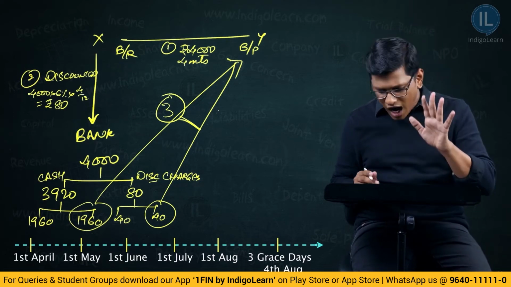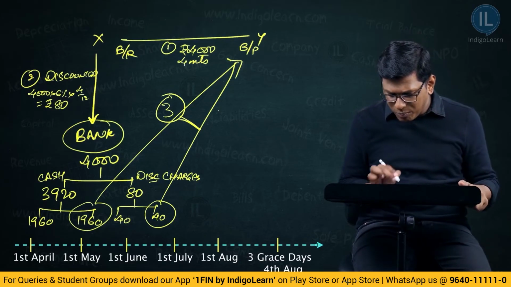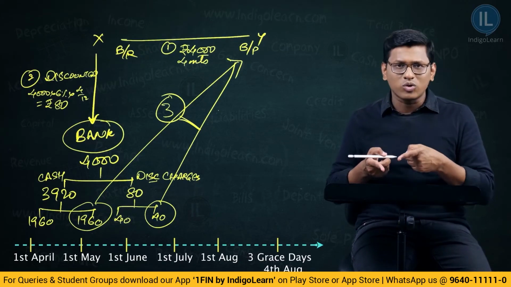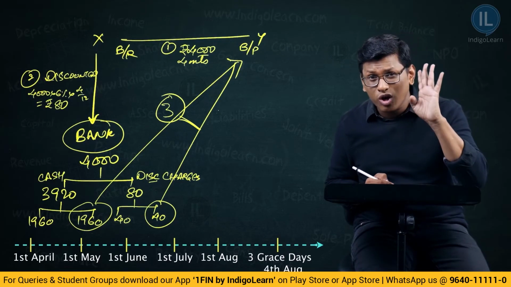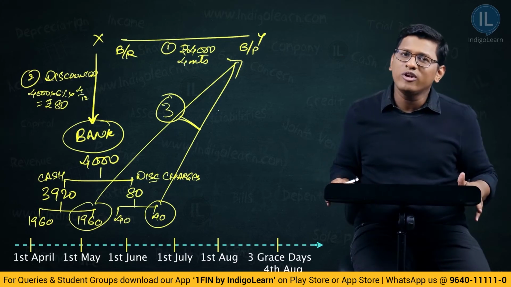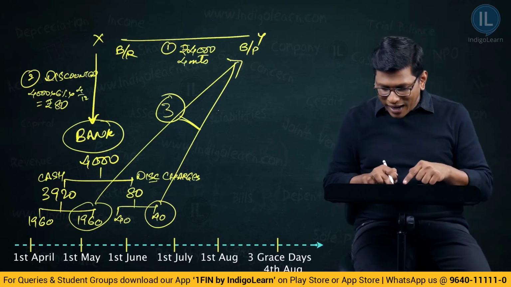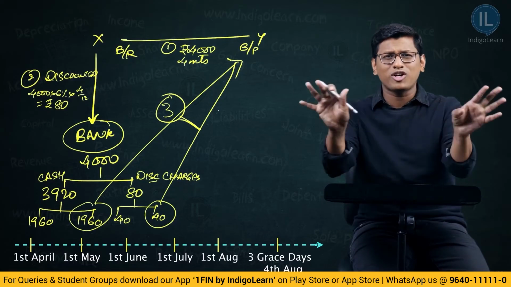So 4th August is the due date. On due date, how much amount should be paid to bank? Concentrate carefully. Bank discounted a 4,000 rupees bill. Strictly on 4th of August, 4,000 rupees should be paid to bank. How will 4,000 rupees be paid to bank? See, bank does not know about all this accommodation.